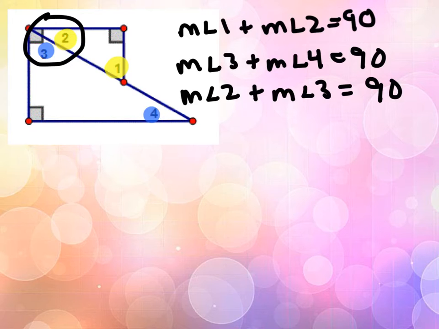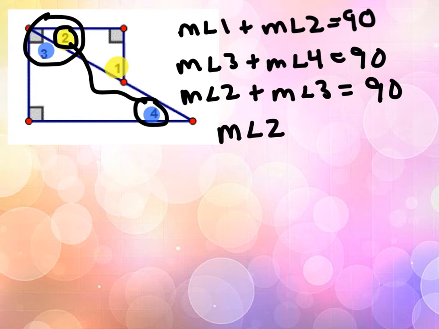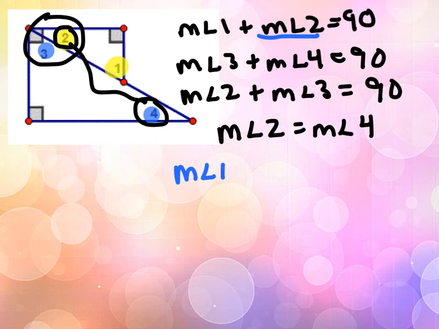Let's see here. You might notice that the 2 here and this 4 have to be equal. So the 2 must equal the 4. Now that provides us a few more options. If you look up here, I can change this one out and say that the measure of angle 1 and the measure of angle 4 then also equals 90.